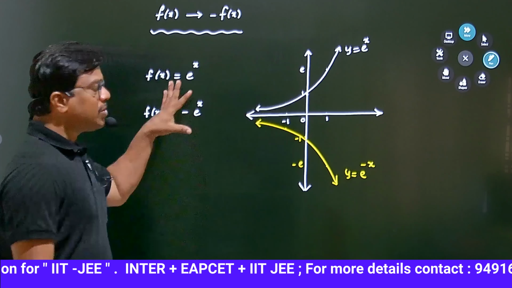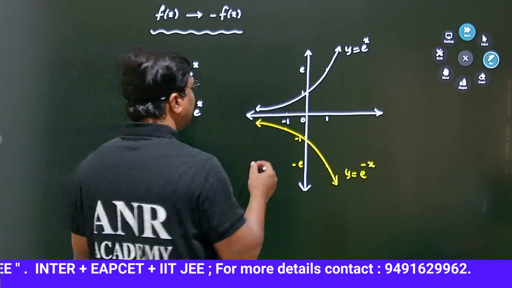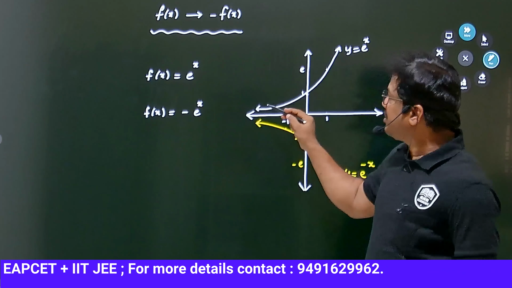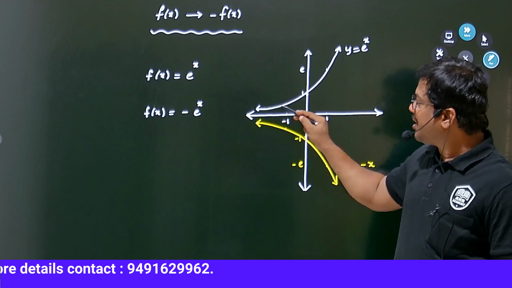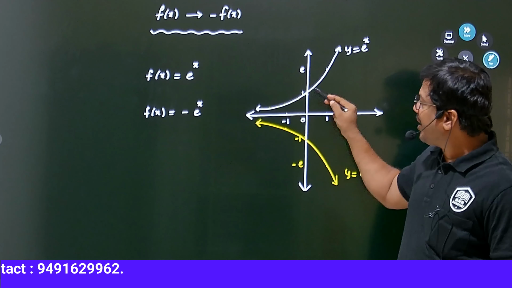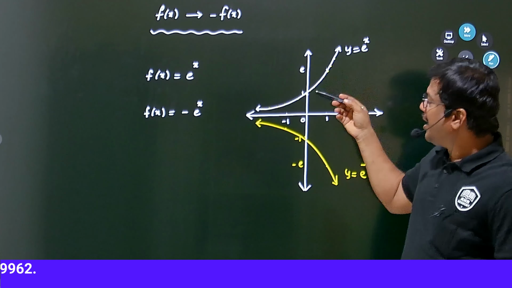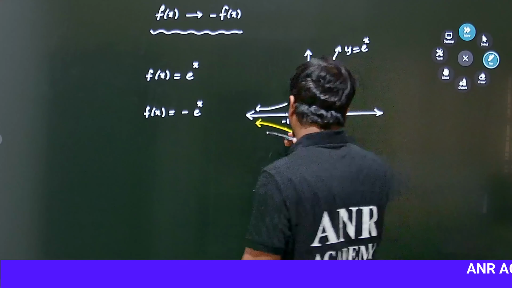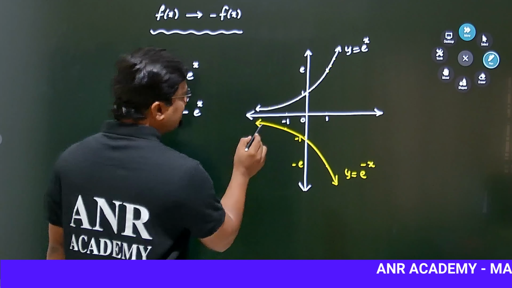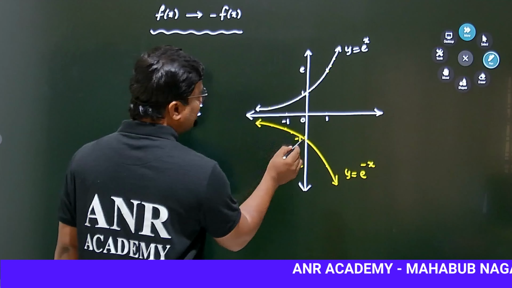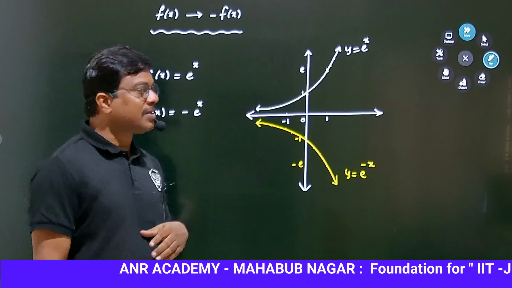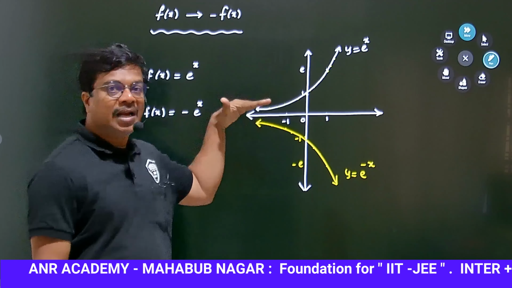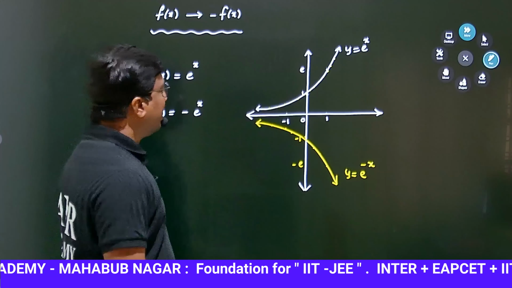Now observe these two graphs. The set of outputs, the points which are on the graph of e power x, now they are symmetric about the x-axis in the second case, right? So when you put a minus sign to the given function f of x, then you will get the graph which is symmetric about the x-axis.